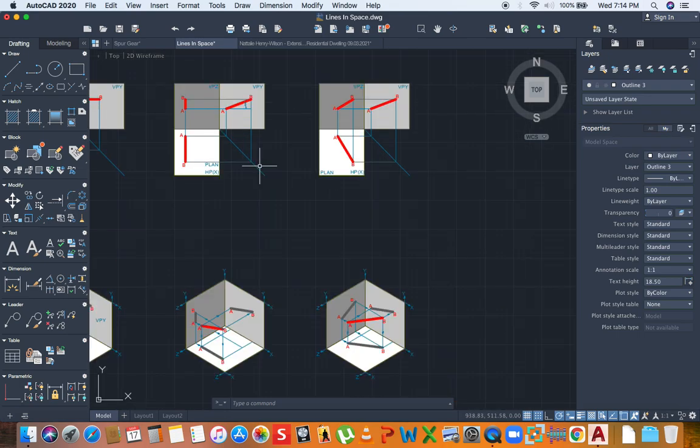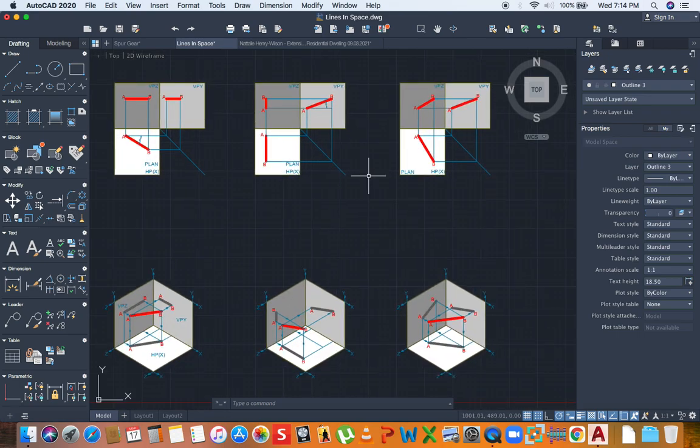So in a situation like that, as I said before, we have to use graphical means, or we can use calculations as well, but in this case we are going to use graphical means.